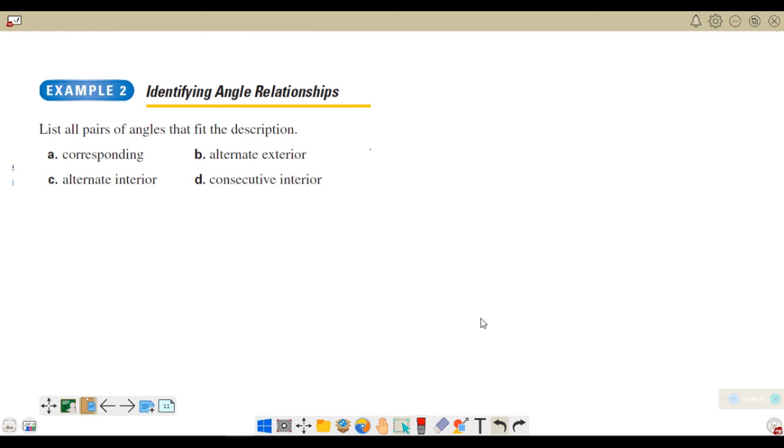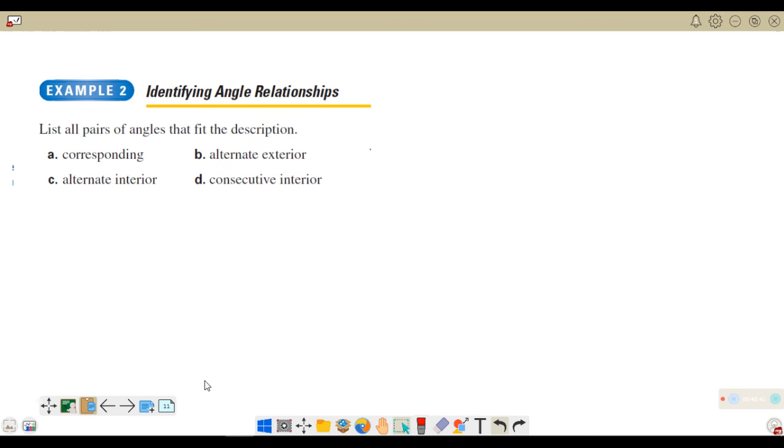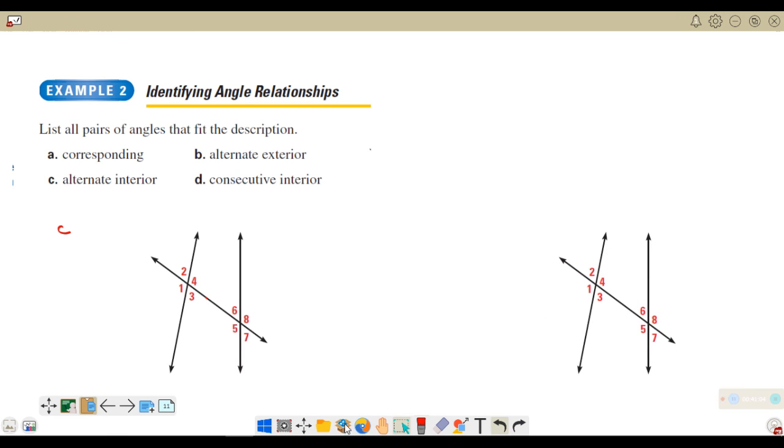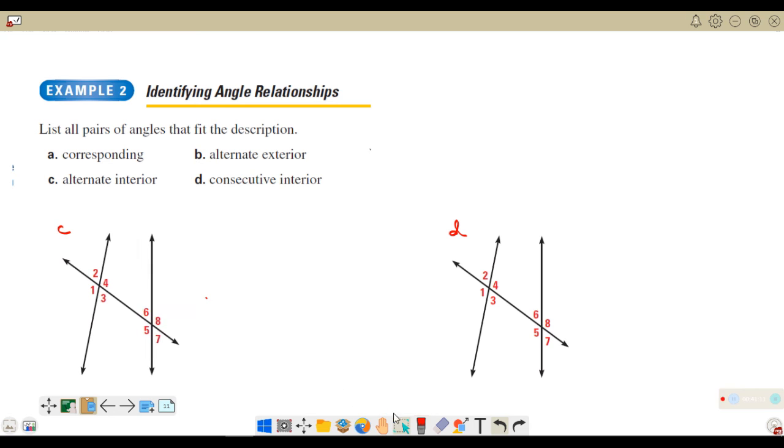Letter C. So, dito natin ilagay si letter C. And then, dito natin ilagay si letter D. Letter D. Okay.